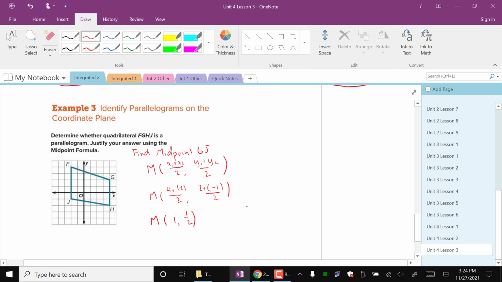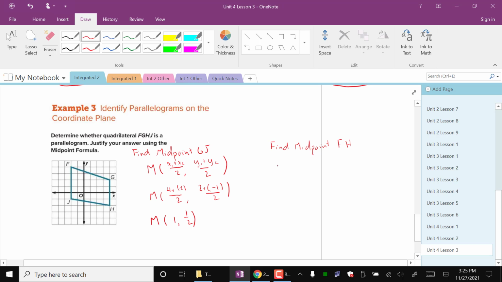So from the other midpoint, I want to get the same coordinate out. So I did GJ, now I'm going to do FH. It doesn't matter which one goes first, I want to end up at the same point though. If I'm not at the same point, then we're not bisecting.